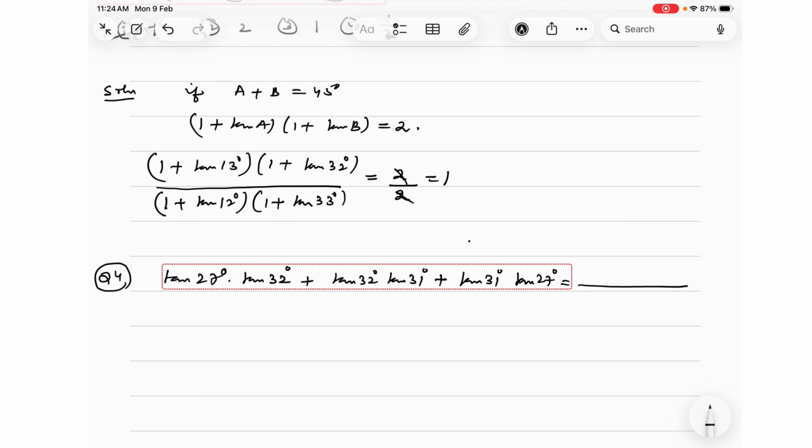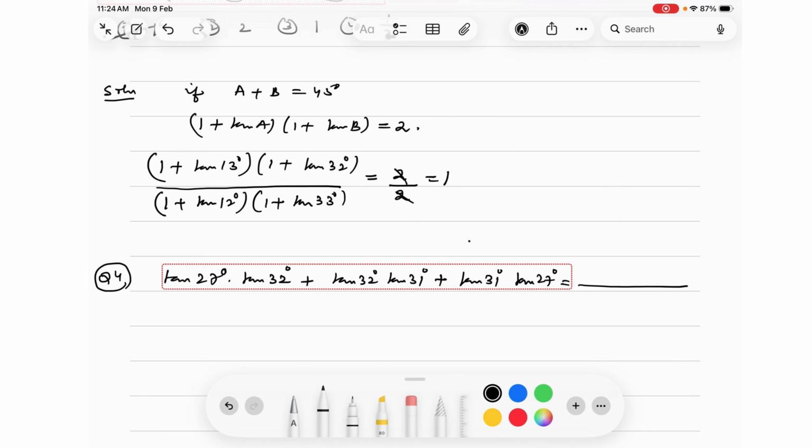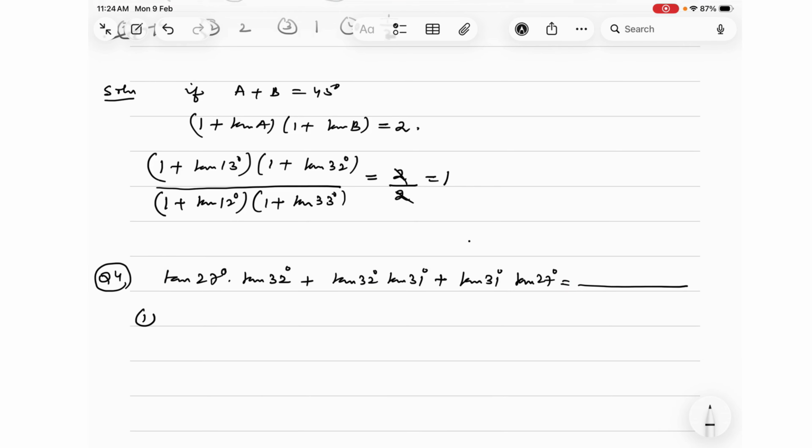Very good question. The options given are: first option 1, second option 2, third option 3, fourth option 4.